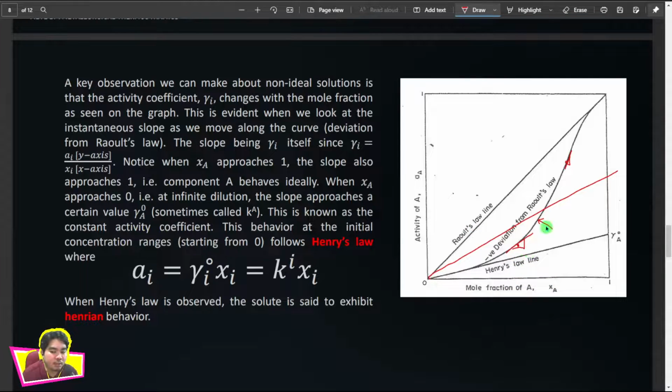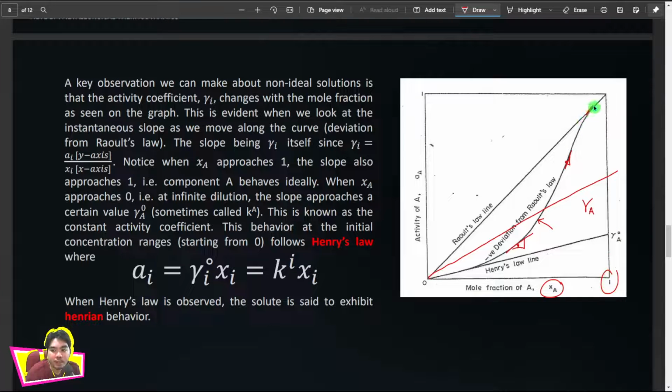So as you change the mole fraction, in this example, it's XA, nagbabago din yung parang correction factor gamma A, or activity coefficient gamma A, such that hindi siya constant across all of the points dito sa itong non-ideal curve na to.